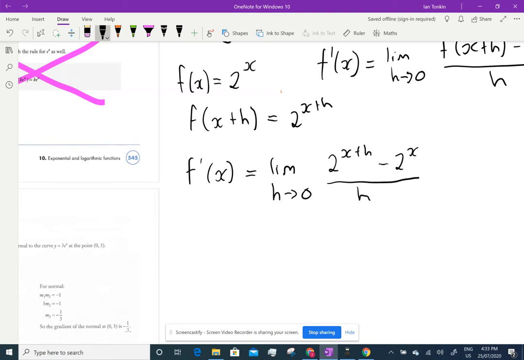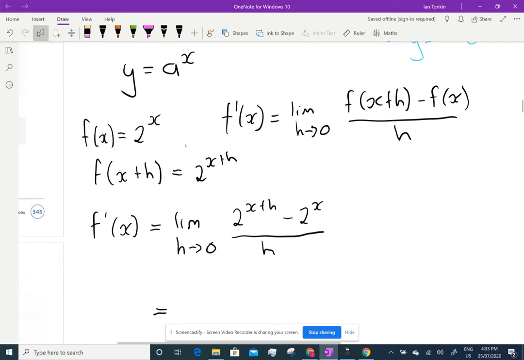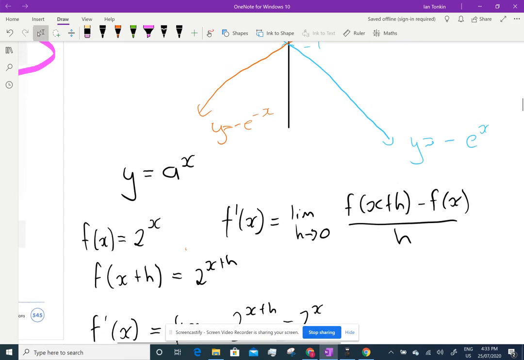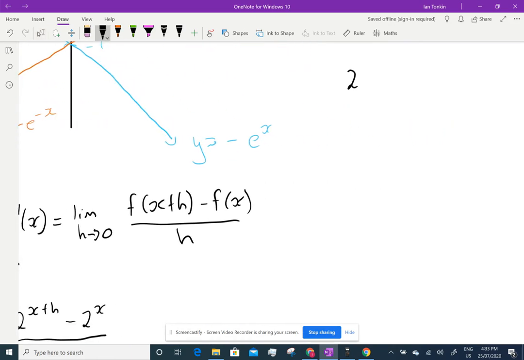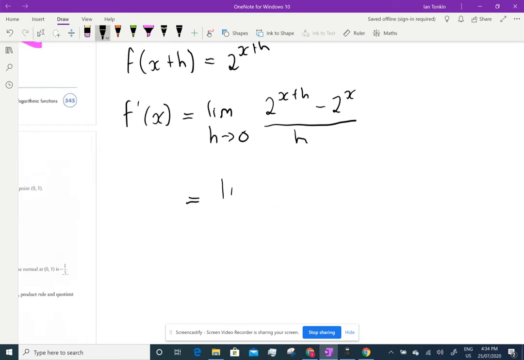Now you need to know that 2 to the x plus h can be written as, think about this, 2 to the x plus h equals 2 to the x times 2 to the h. So I'm going to factorise out here. I'm going to find the limit as h approaches 0 of 2 to the x, taking out the 2 to the x there, so I'm left with 2 to the h, and if I take it out there, I'm left with 1, and it's all over h.